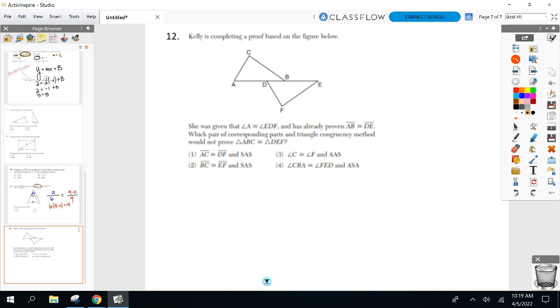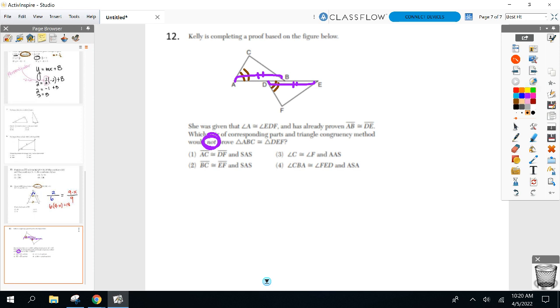All right, we were given that angle A was congruent to angle EDF and has already proven AB congruent to DE. What other pair of corresponding parts would not prove the triangles congruent? All right, everyone ready?